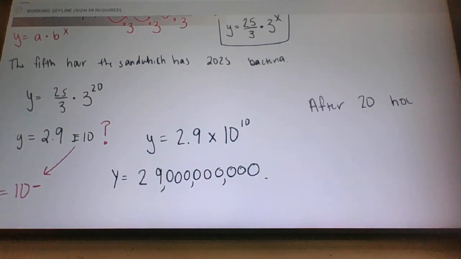Do you guys think at this point that bacteria would be visible to our eye? No. Maybe it would show like a mold or a fungus? I don't know. A sandwich doesn't usually mold in 20 hours. Fresh bread might, like really fresh bread without preservatives. Mold in 24 hours, that's crazy.